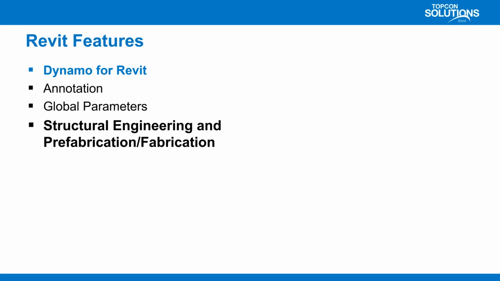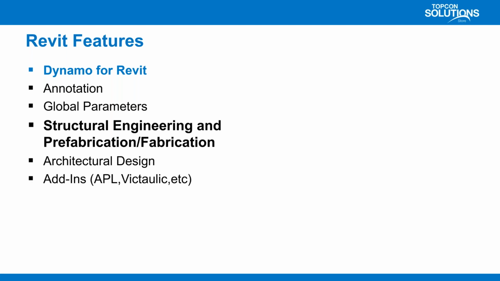Now, Revit is going to be big for structural engineering and prefabrication and fabrication. This is bold, so I'm going to be talking about this one here in a second. Architectural design. You're also going to see awesome add-ins like Autodesk Point Layout, Victaulic, and there are a lot of different add-ins out there. But with APL, that's huge for the construction industry, right?